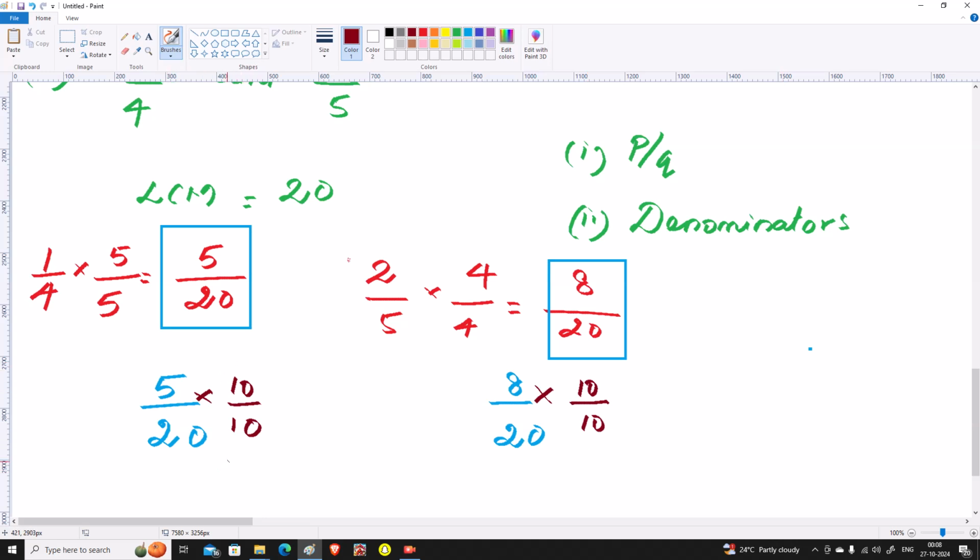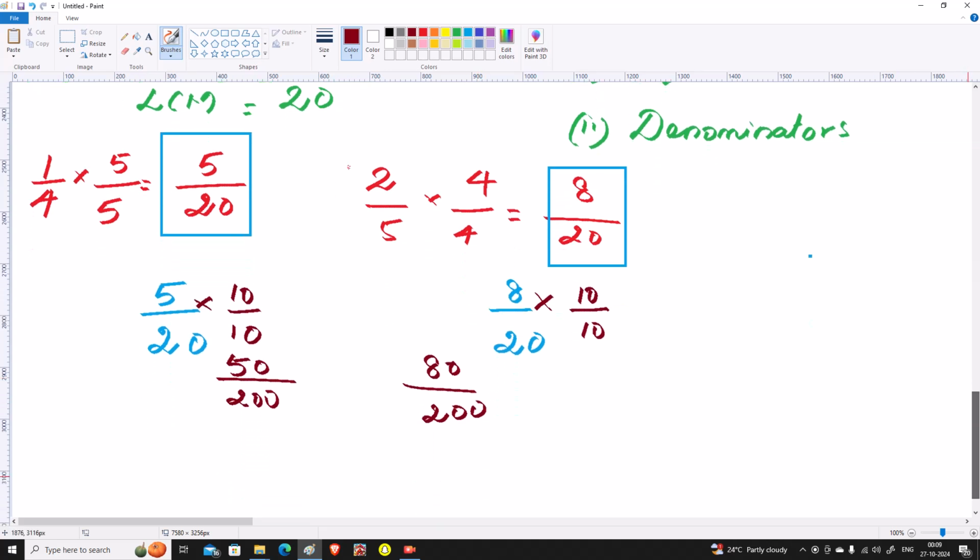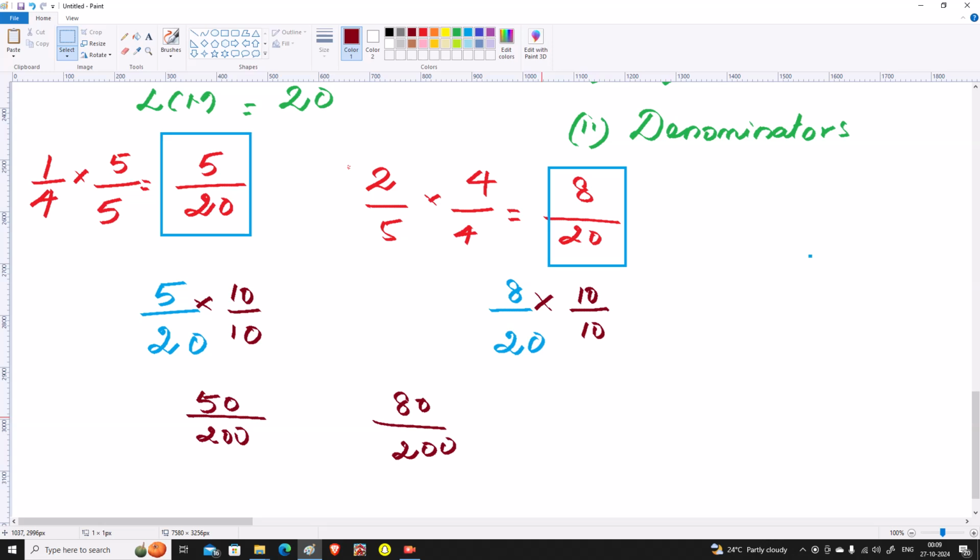So, what is the answer? 5 into 10 and 20 into 10. The number is becoming 50 by 200. And then 8 into 10, 80. 20 into 10, 200. Okay. So, now we have to check between these two numbers only.